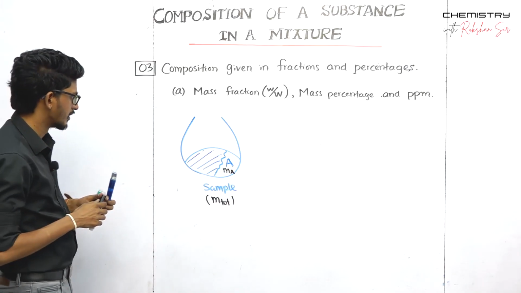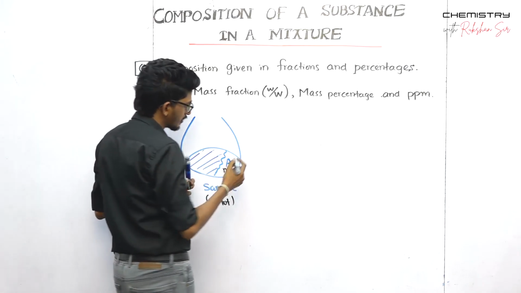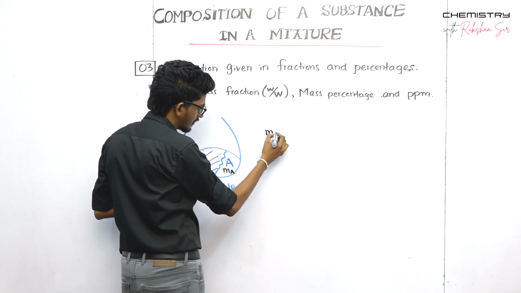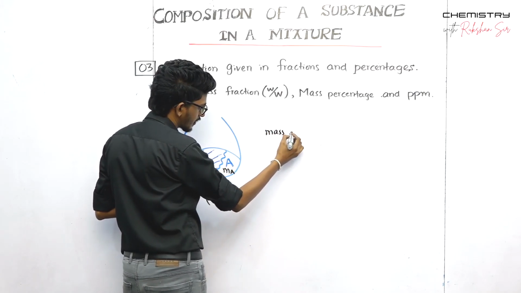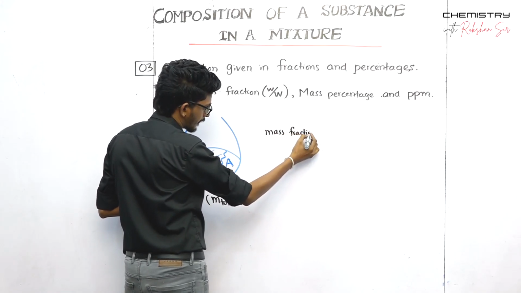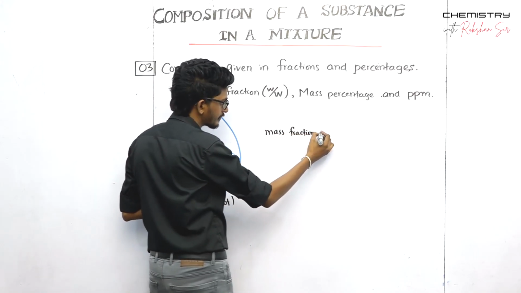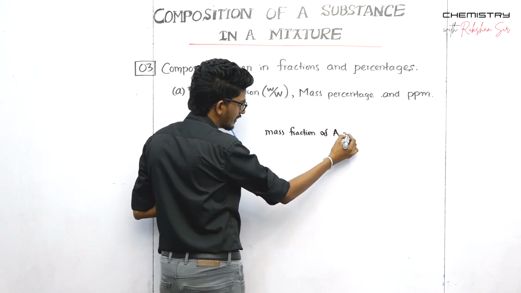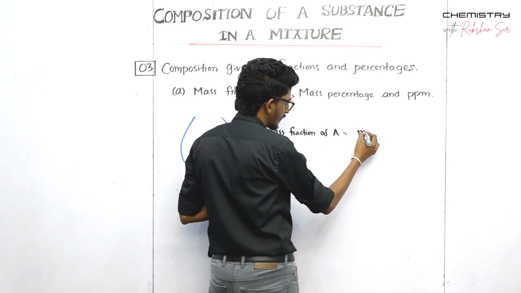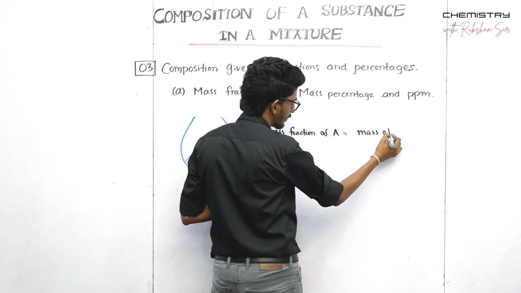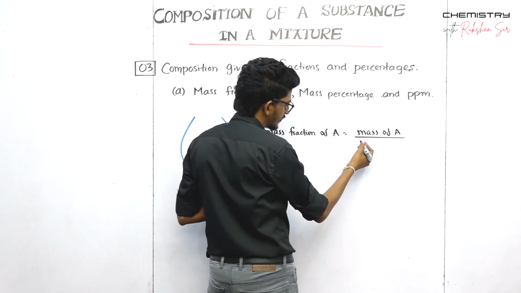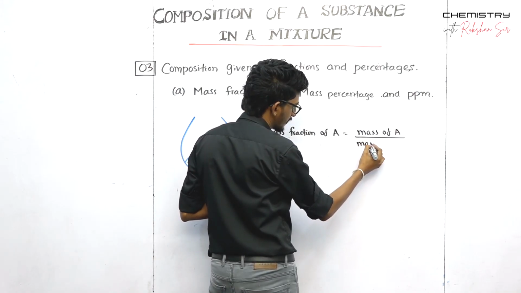So the mass fraction of A means the mass of A divided by the total mass of the sample.